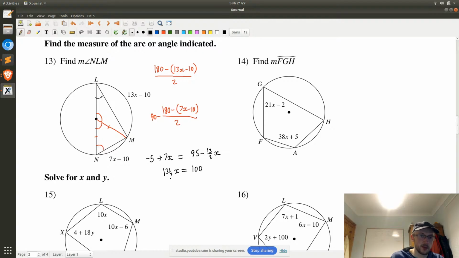I mean, this is just crazy. There's no way that this is the answer. Okay, so what, x is 200 over 27? And then you have to find NLM. Come on, this is ludicrous. Well, we'll try.